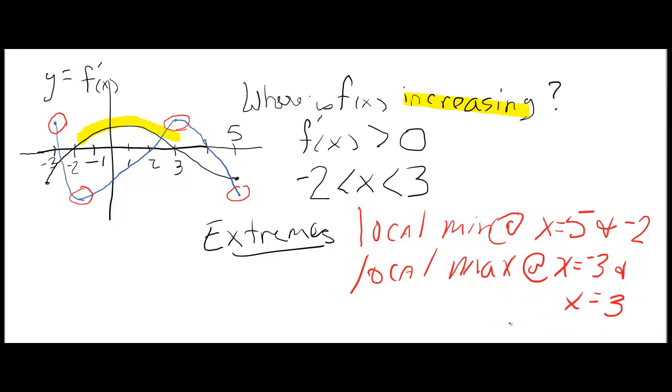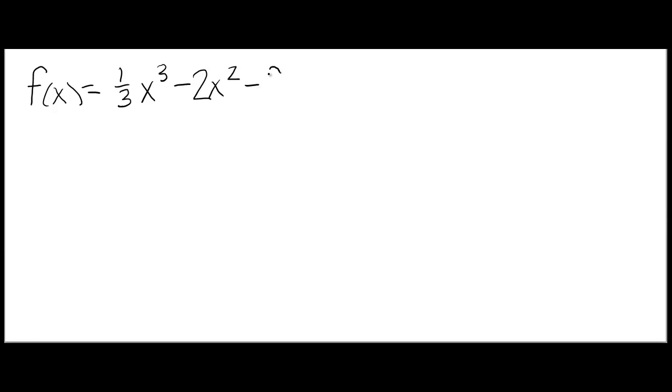So now let's look quickly at an example from an algebraic rather than graphical perspective. We'll begin with the function. The function is 1/3 x cubed minus 2x squared minus 96x plus 5.